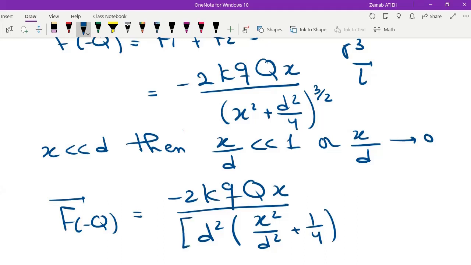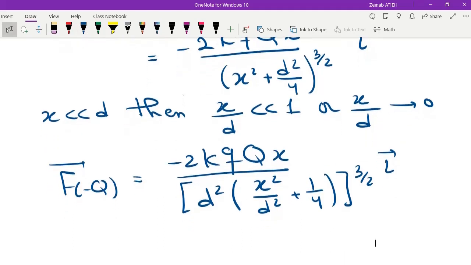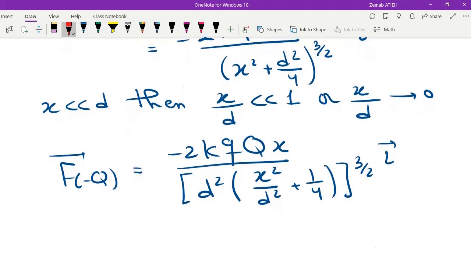All of it was to the power 3 over 2. This is i. All of it was to the power 3 over 2, but I took d squared out of it. So we said that x over d tends to 0, so x squared over d squared will tend to 0, so this is approximately 0.